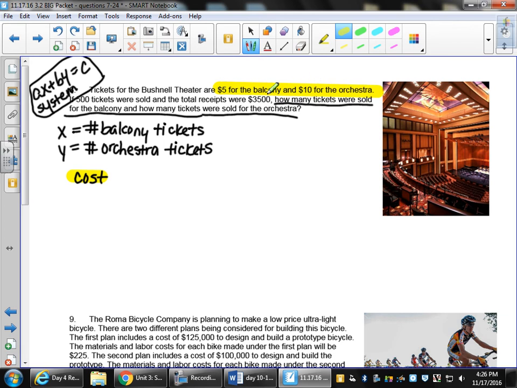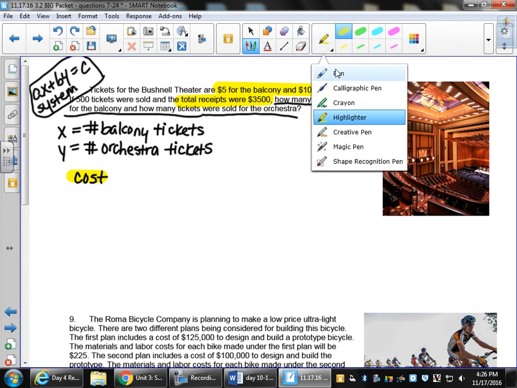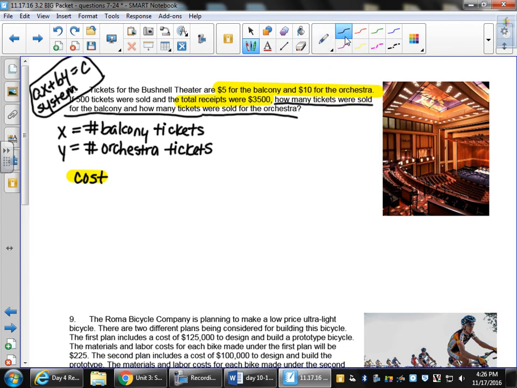Do I have total money? Total receipts, $3,500. How would we write that as an equation, a standard form equation? Well, balcony is X, $5 for the balcony, 5X plus $10 for the orchestra, 10Y equals total money, $3,500.